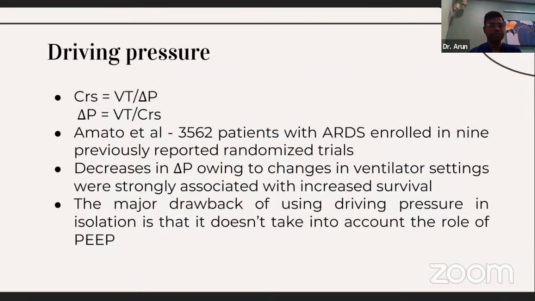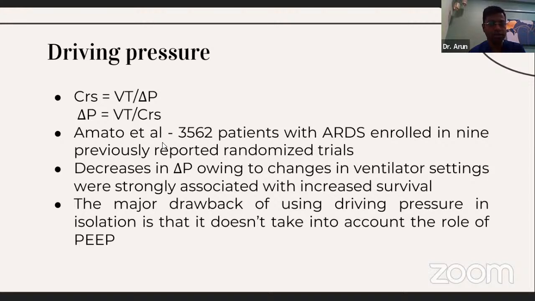Next, driving pressure. Driving pressure is defined as P plat minus PEEP. The respiratory system compliance formula is equal to tidal volume divided by driving pressure. We can rearrange this equation like this: delta P equals tidal volume divided by respiratory system compliance.